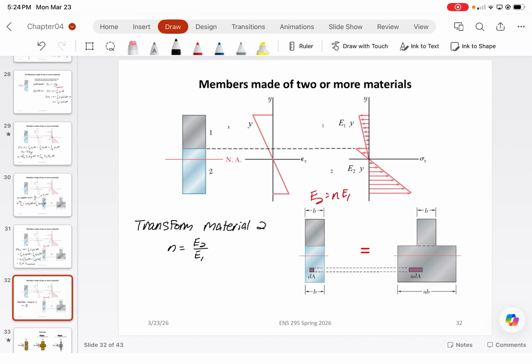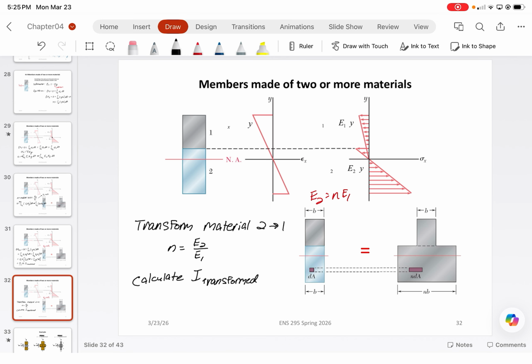So that's 2 to 1. And then from here, calculate I transformed, which hopefully you should know how to do from statics. The only difference is drawing out that new shape and then solving for the new shape.